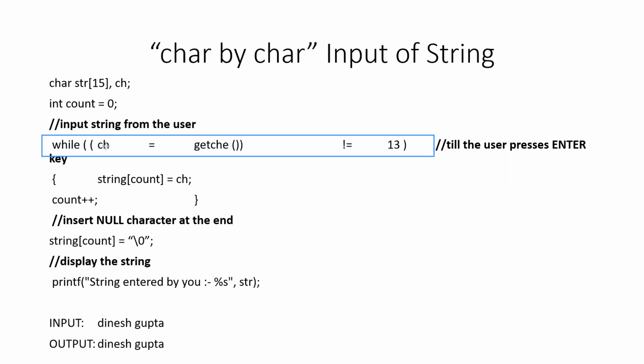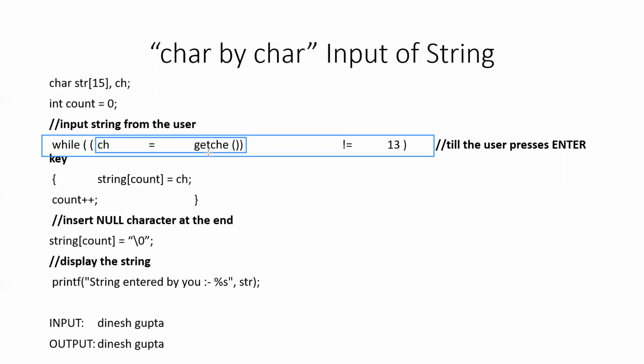First of all, have a closer look at this statement. ch is equal to getche. Now what is getche? getche is a function that is used to accept the input of a single character. There is no need to press the enter key.